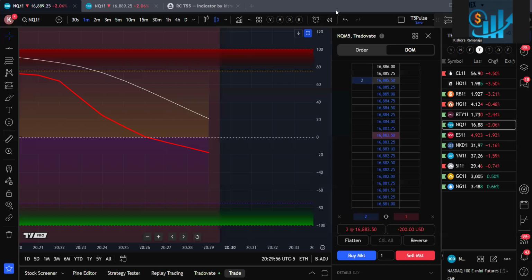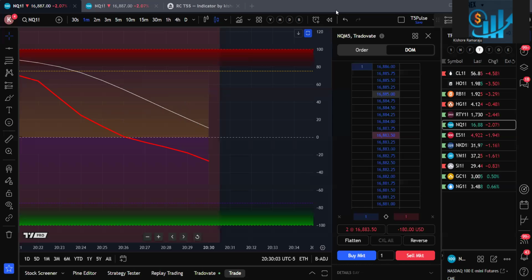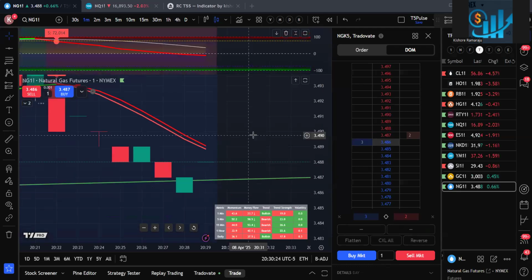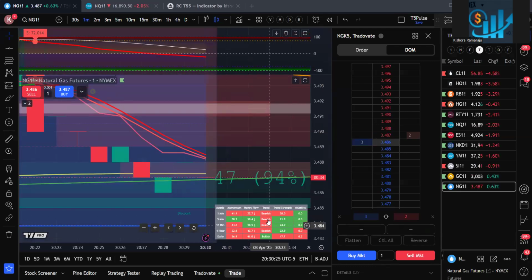Yeah, T3 is a different indicator. Whenever you see any ticker where everything shows the same way, that is the best one. For example, if you go to natural gas and see everything green, you can only focus on buy signals.